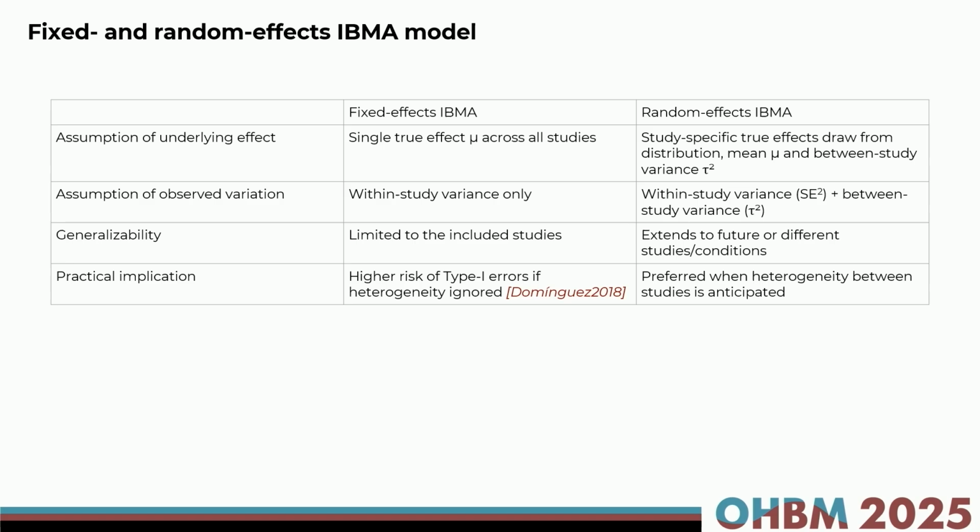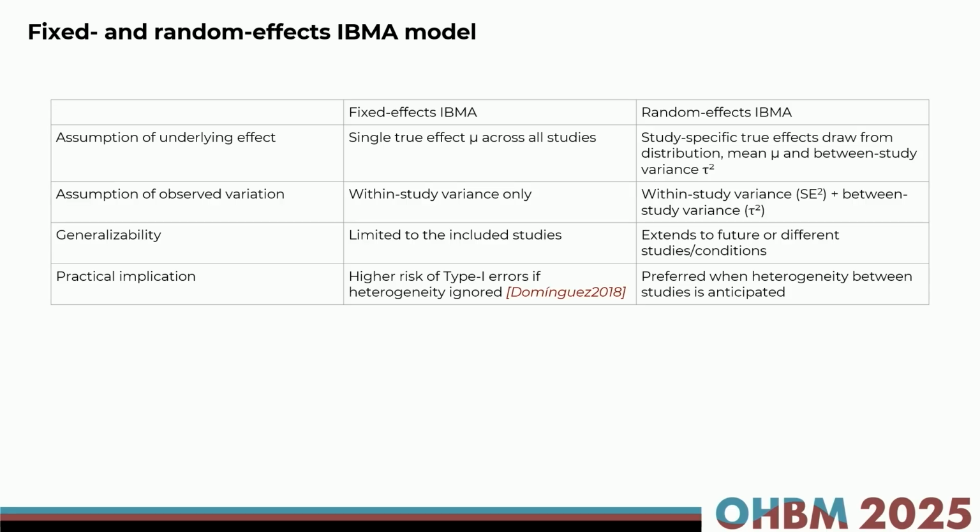Fixed effect considers only the within study variance, while random effects considers both the within study variance and the between study variance. The fixed effect is limited to the included studies only, while the random effect can be extended to future or different studies or different experimental conditions.